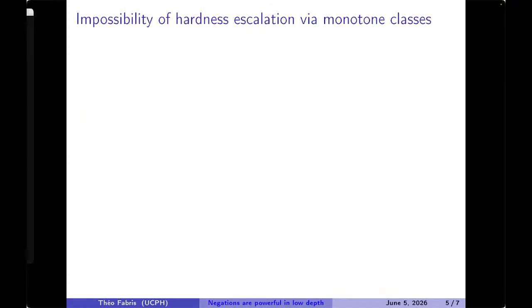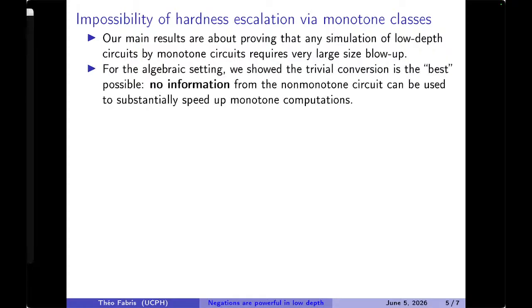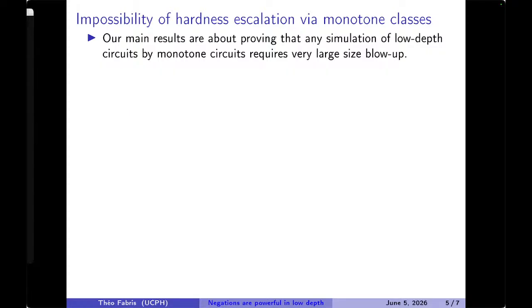But you can interpret our results as saying that we cannot do hardness escalation for monotone classes, because the first result says that any simulation of low depth search by a monotone search will require very large blowup.